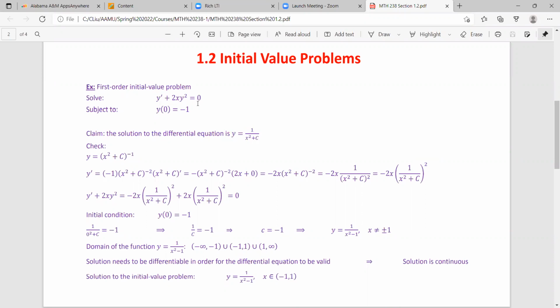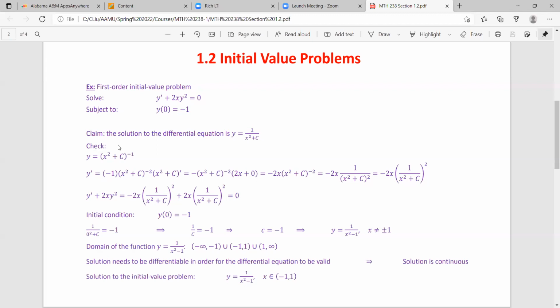Right now, we just show you the result. Okay. We're going to solve it later in chapter 2. Right now, we just give you the result and you can check that's indeed the solution.